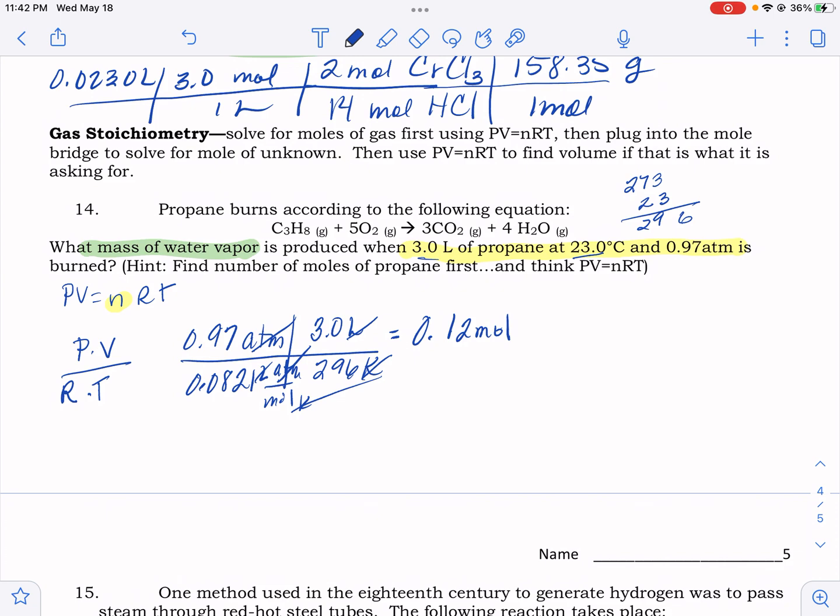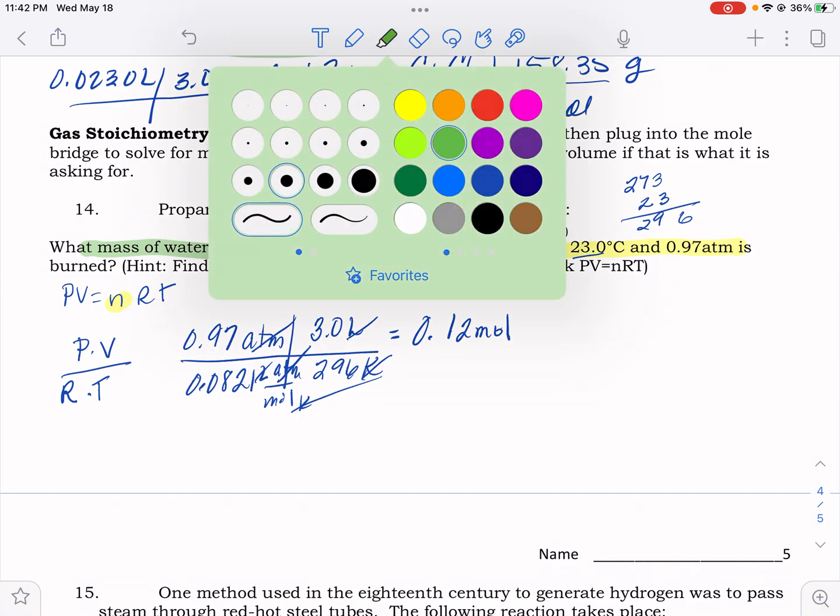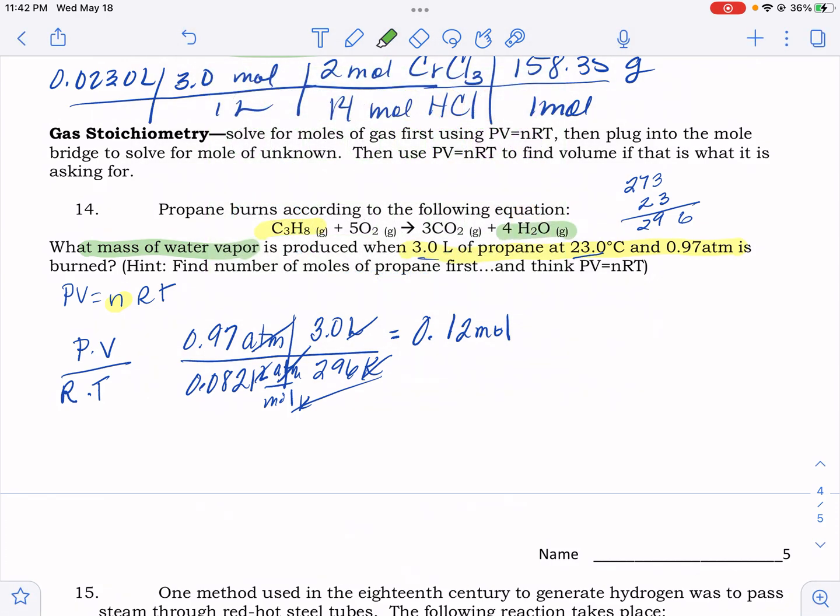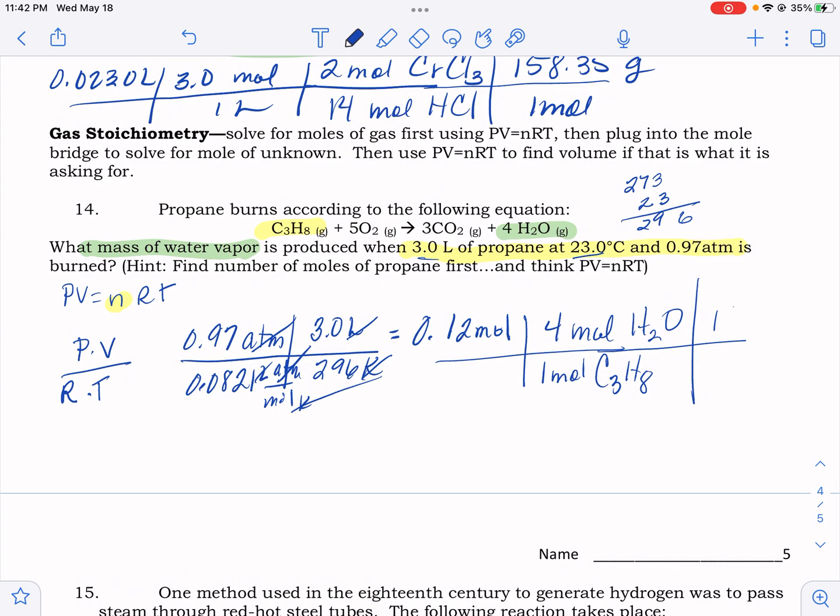We're going to solve for mass of water vapor. We're here, and we want to go to here. So the mole ratio is 1 mole of C3H8 to 4 moles of water. And now we're on the other side of the bridge, and we want to change to grams. And the molar mass of water is 18 grams in 1 mole.